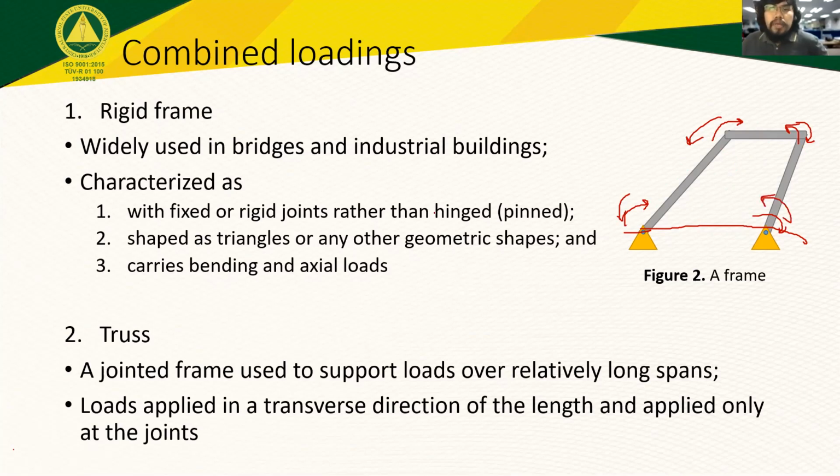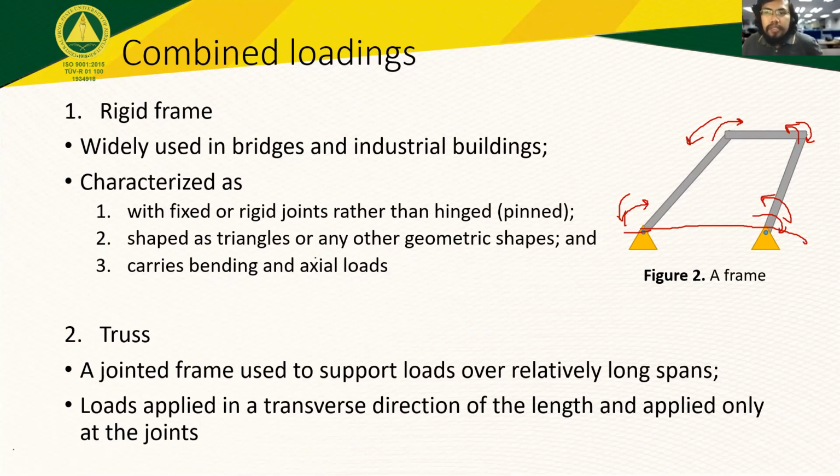Now, because of that, the frames are not really considered that stable, but still they're widely used in bridges and other industrial buildings, also in other structures in farms. We have now number 2, a special type of frame, a jointed frame, usually made up of triangular shapes. And again, the triangle is the most stable shape in engineering.